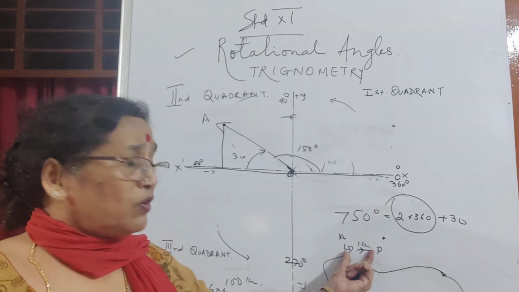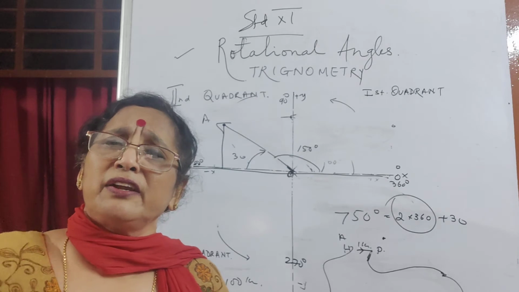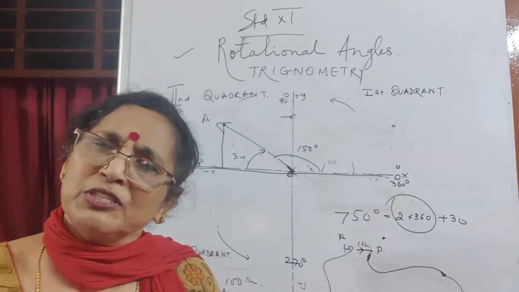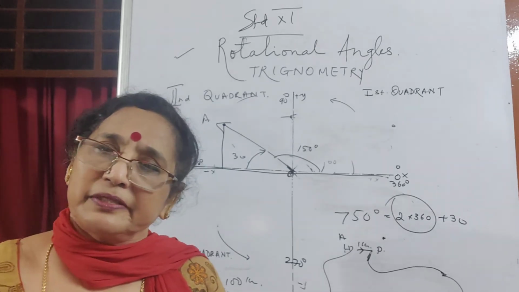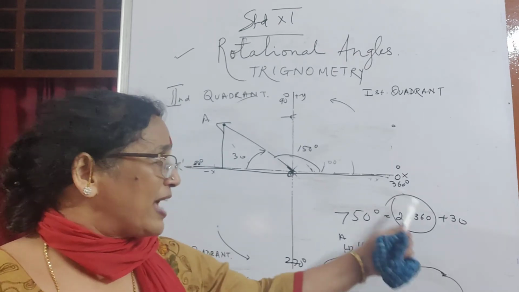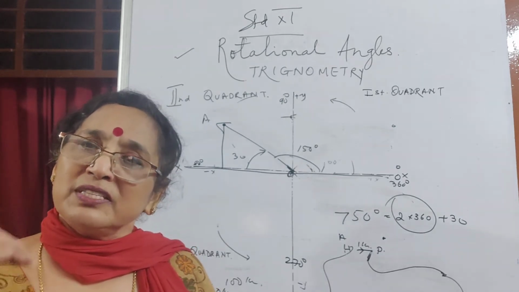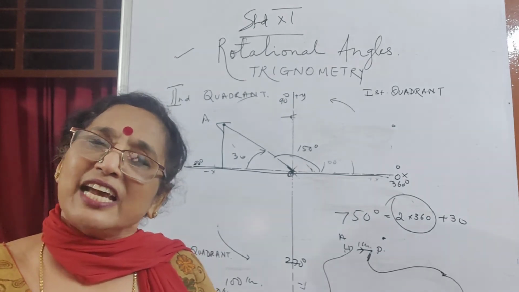So I'm only talking of angular displacement. Say you have gone 3,650 degrees. You know how much you actually traveled? Only 50 degrees. You know what the actual displacement is from the horizontal baseline, the line of measurement? Only 50 degrees. Why? Because 3,600 is 10 times 360.